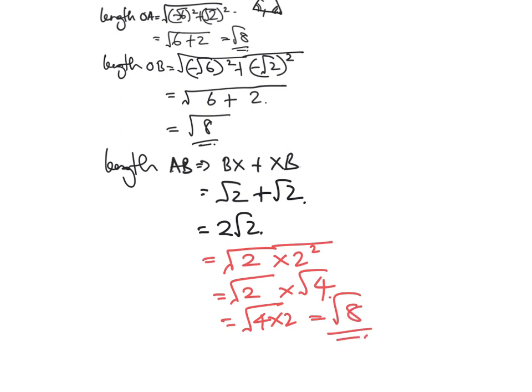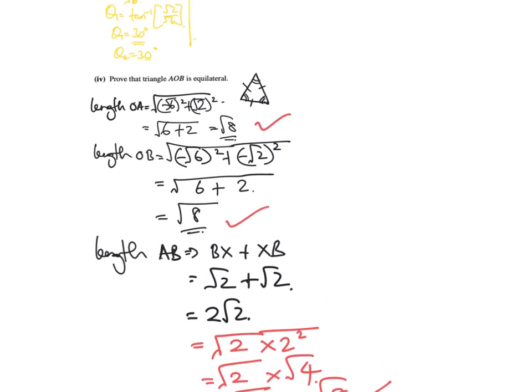So that shows these three lengths are equal, and therefore triangle AOB is indeed an equilateral triangle.